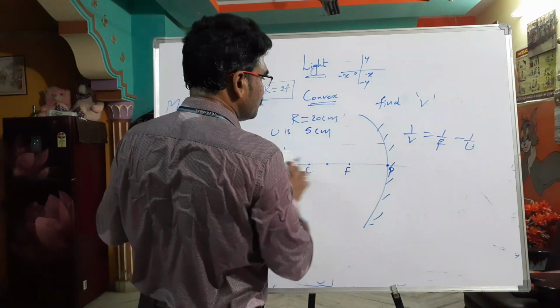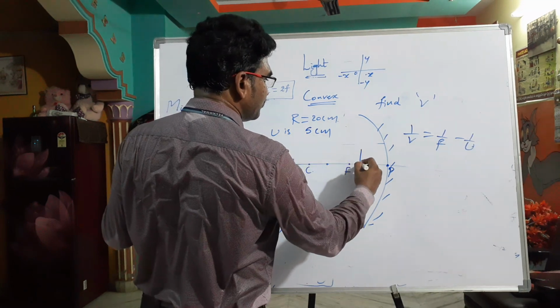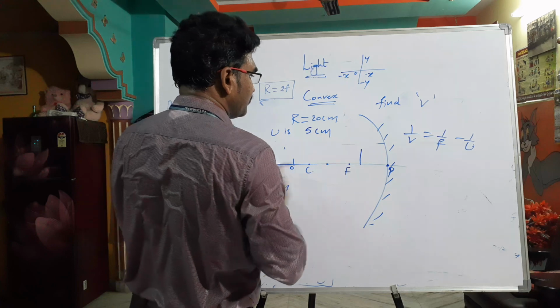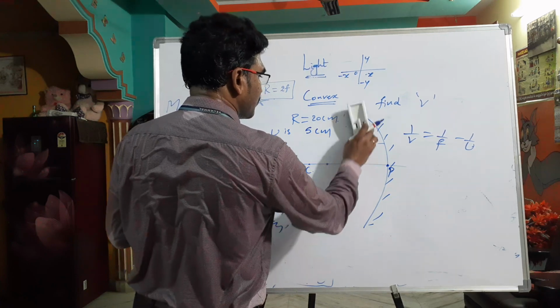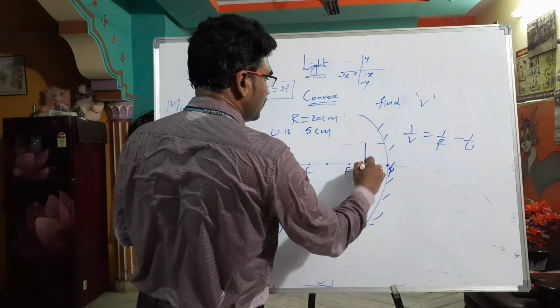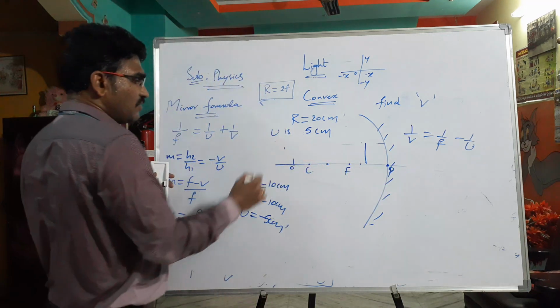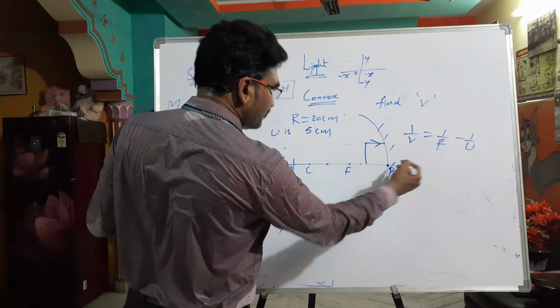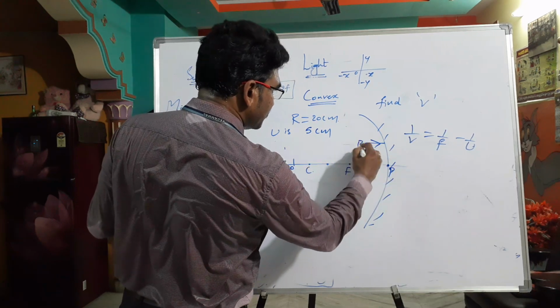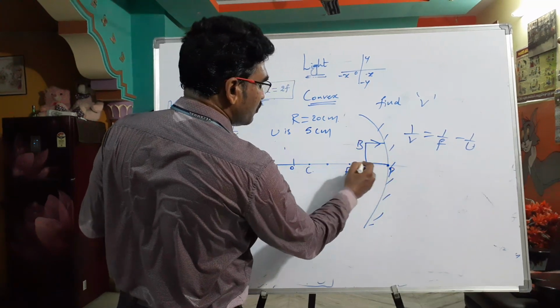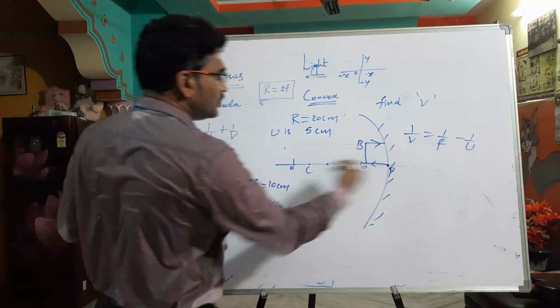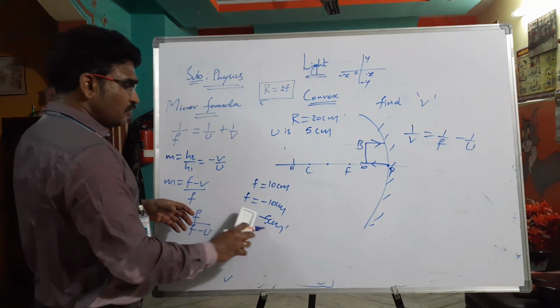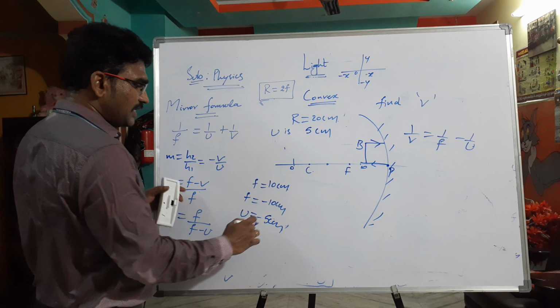The object will be here, within the focal length, because the focal length is 10 centimeters. So definitely, if we take incident rays, we are moving in this direction. OB is the object. Incident rays are moving this way, so the object distance is going to be minus.